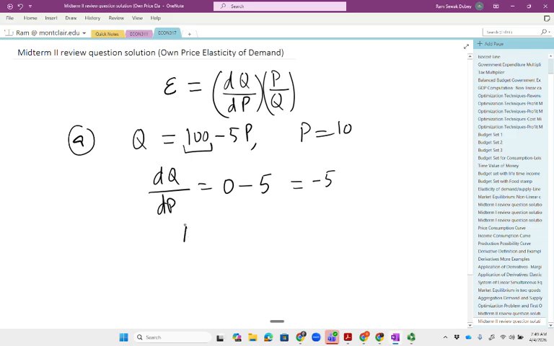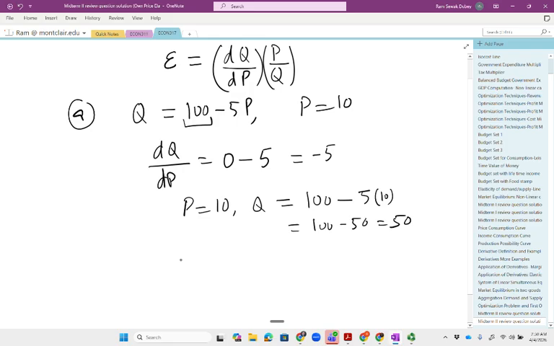I have also been given that P is 10, so I can find out the quantity, which is given by 100 minus 5 times 10, which is 100 minus 50, so I get 50. Now I've got all the terms, I can compute the elasticity.